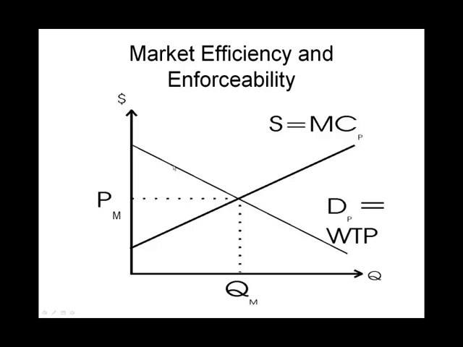If the consumer could get it for free by simply walking up and stealing it away, then obviously the consumer would do that, and the producer would say, well, I don't get anything out of this, and therefore I'm not going to participate in this market activity anymore. If that's the case, then even though there are benefits to be achieved by society, the benefits will not be achieved because the producers are not going to produce the good.